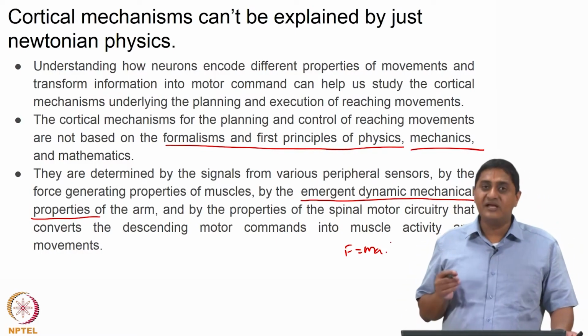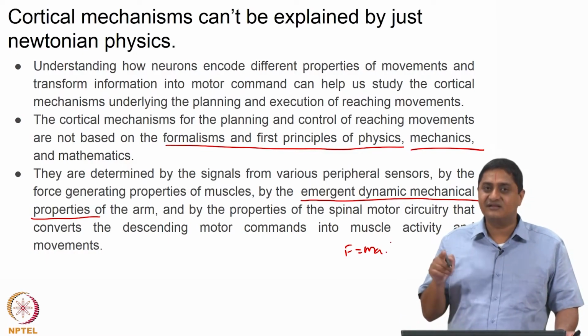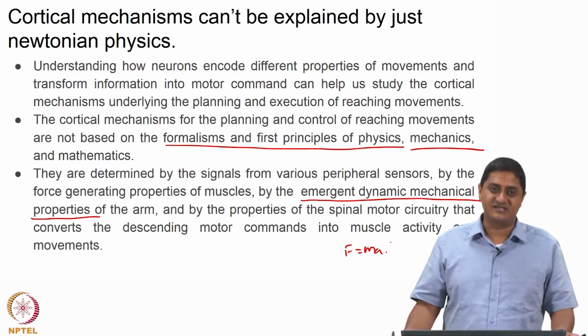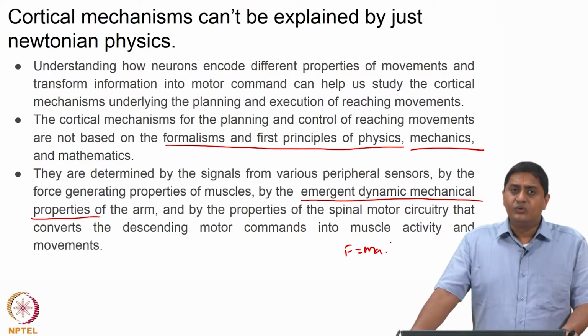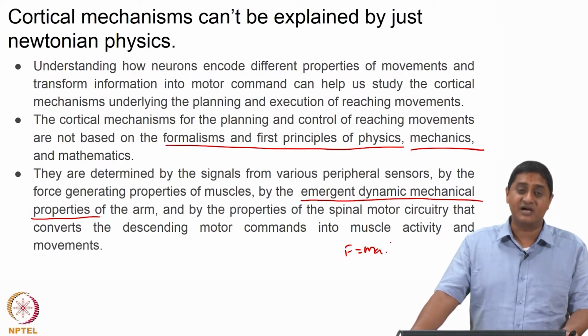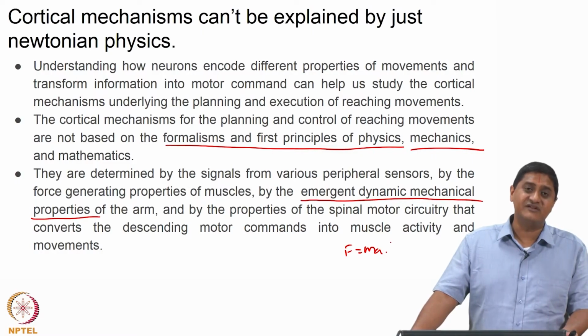So, we cannot merely take Newton's laws and say these are the equations that are solved by the cortical mechanisms or the cortical system to achieve movements, right. So, that is not what is happening. It is definitely tempting to use these as principles that the central nervous system may be following, right. So, essentially it is easy to say that this is what the central nervous system is doing, because the methods and approaches in physics and mechanics and engineering are relatively well developed.